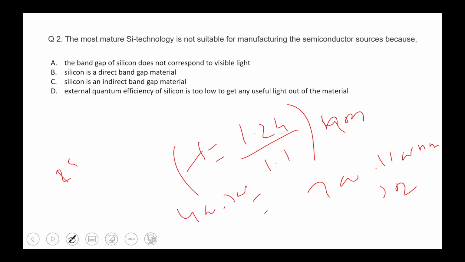From 180 or 100 nanometer to 400 nanometer it is UV. So it is more suitable for IR; it will detect more light of the IR region.